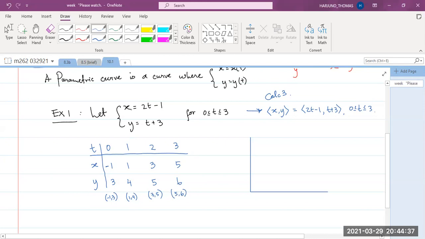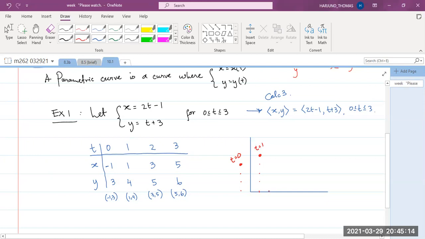So if I plot this coordinate, x equals -1, y equals 3. Let's say it's approximately here. So this is when t equals 0. That's the position of that curve at that time. When t equals 1, the x is 1, the y is 4. That's when t equals 1.